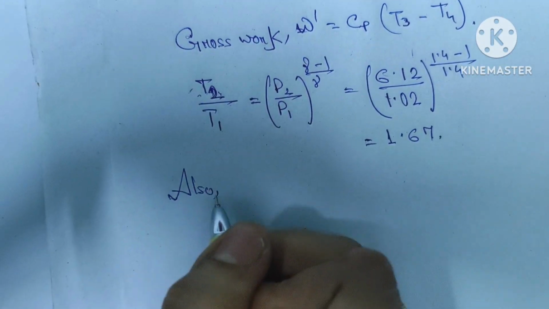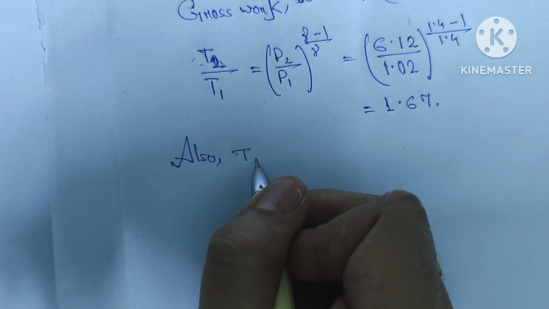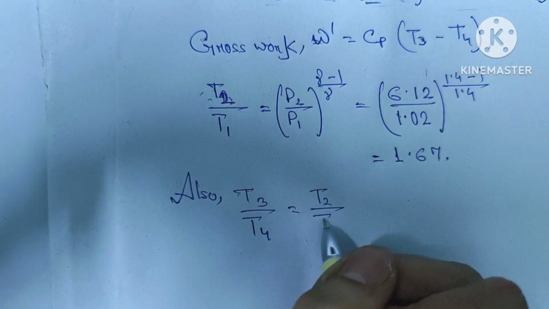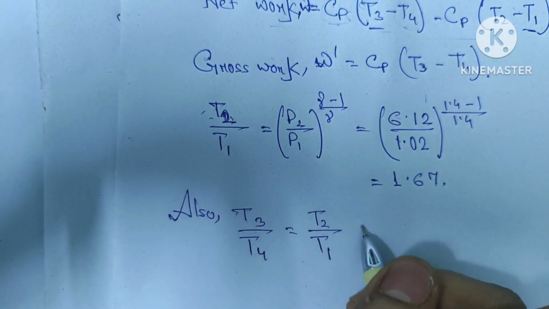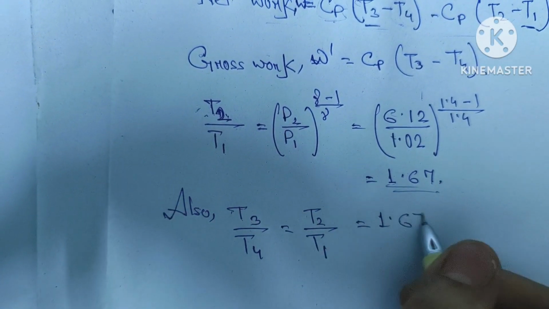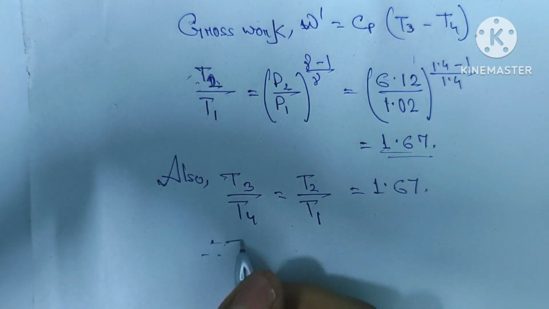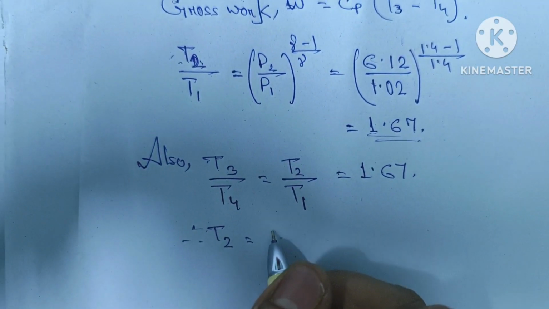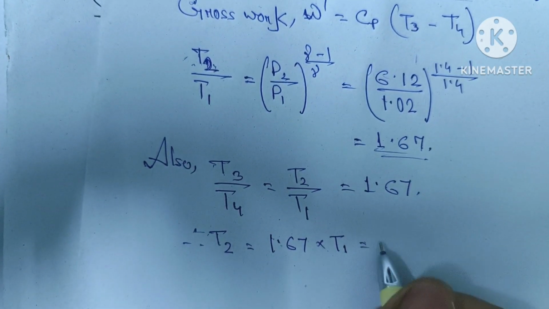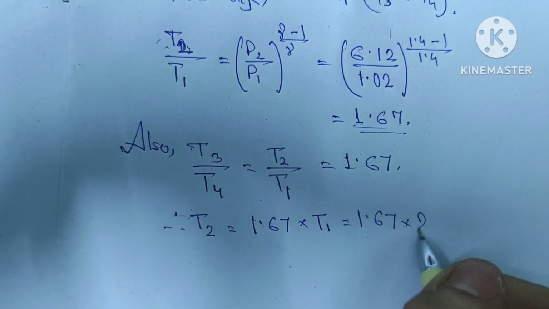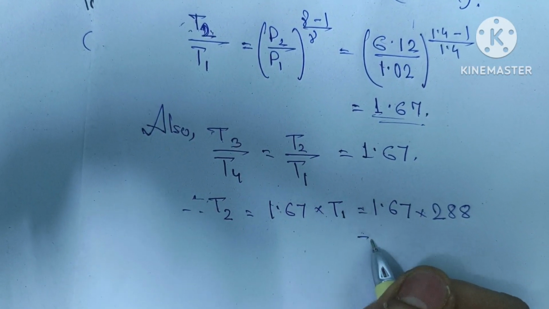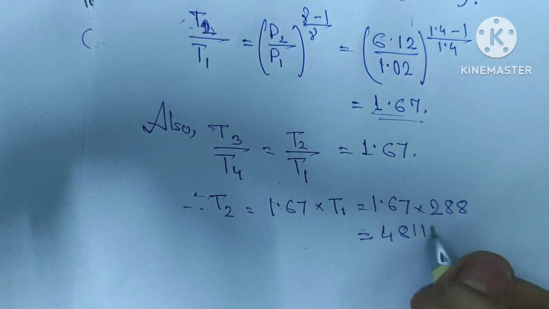Also T3 by T4 equals to T2 by T1, and we have calculated T2 by T1 as 1.67. Therefore T2 equals to 1.67 into T1. So 1.67 into 288, that is the already given value, equals to 481 Kelvin.